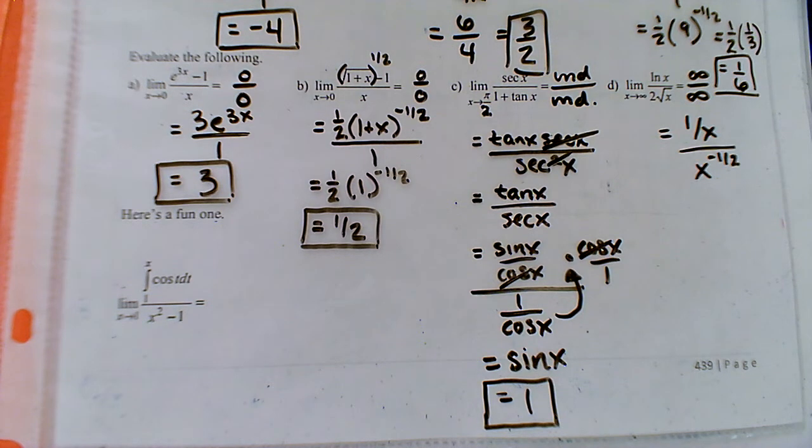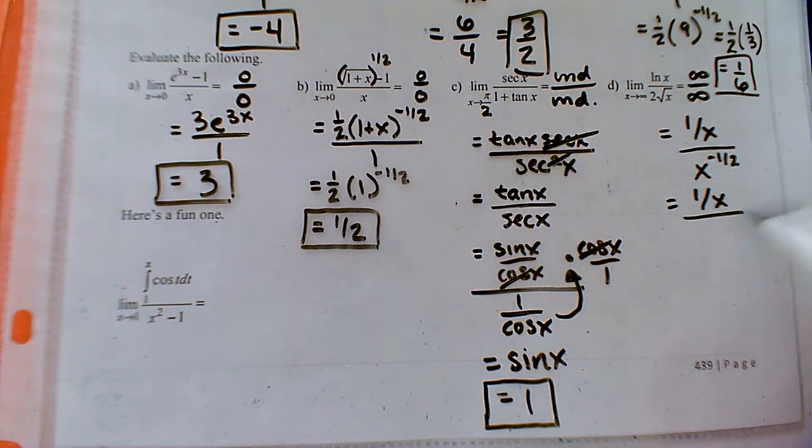All right, so there's L'Hopital's rule. Let's clean it up to see what we get if we were to plug in infinity. Maybe we'll rewrite this. We have 1 over x divided by 1 over x to the 1/2. Maybe we'll move it down and make it a positive power.